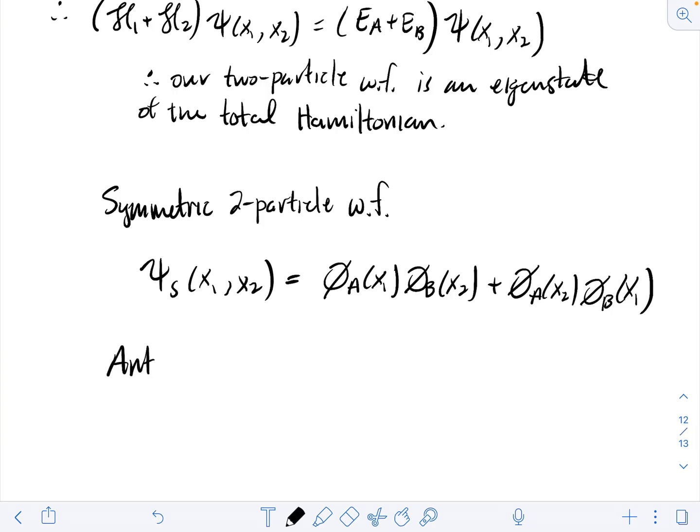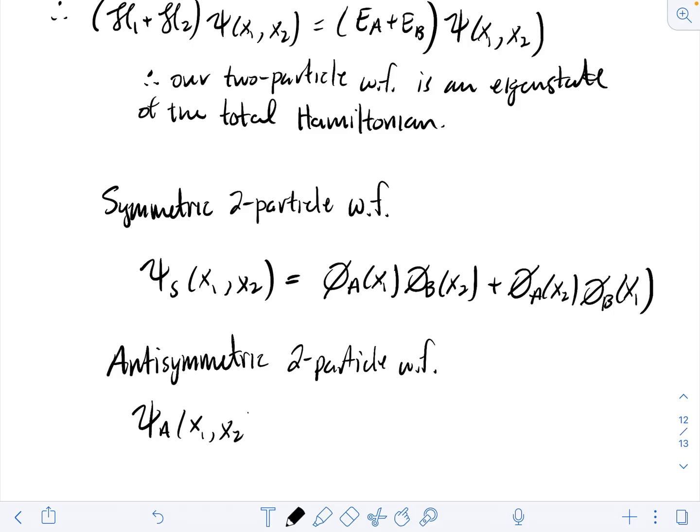And then we have an antisymmetric two-particle wave function. That's phi a x1 x2. It's the same other than the sign between the two terms. We have a minus sign for the antisymmetric wave function.